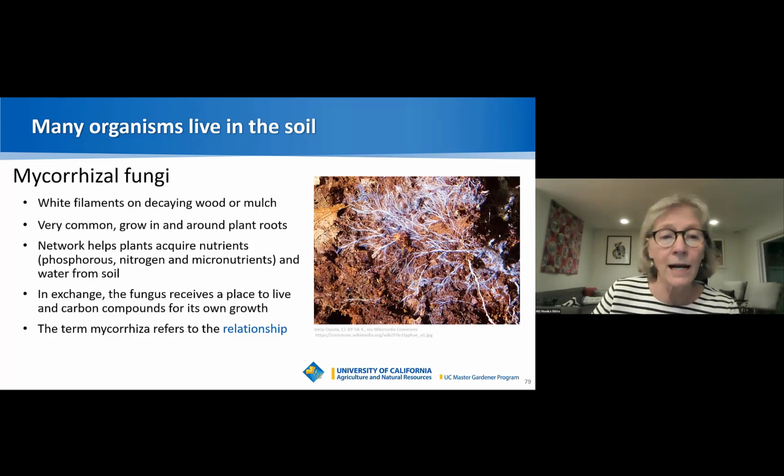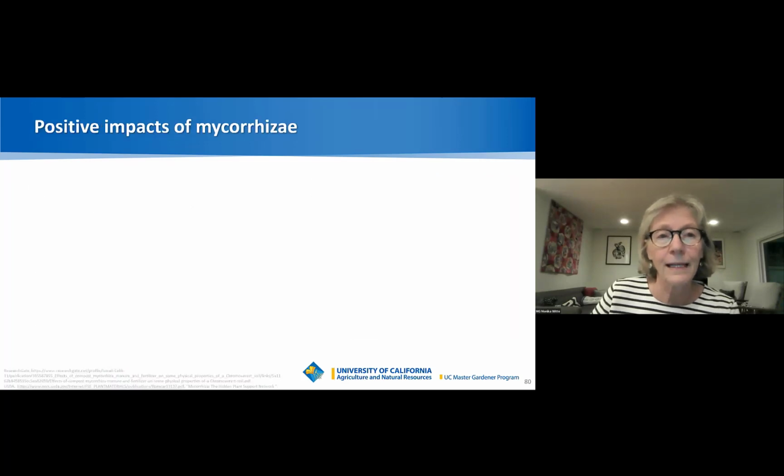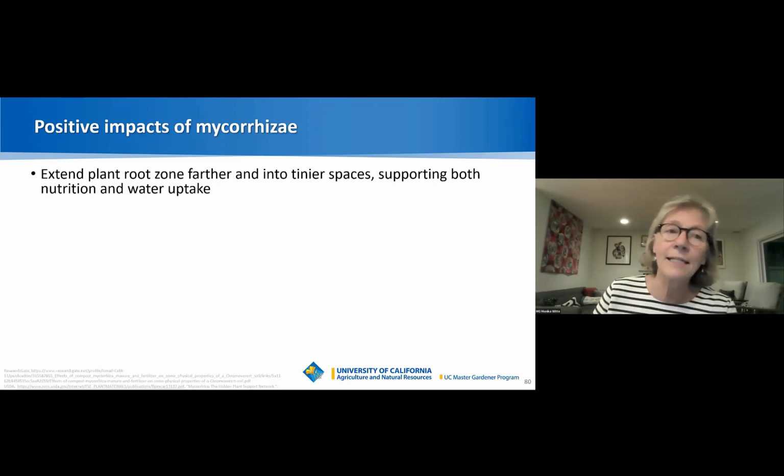And the term mycorrhizae actually refers to the relationship between the root and the fungus. So myco is fungus and rhizae is root. So it is a description of the relationship. There are many positive impacts of mycorrhizae. They extend the plant root zone farther and into tinier spaces so they are able to reach nutrients and moisture where the roots themselves are not able to do that.